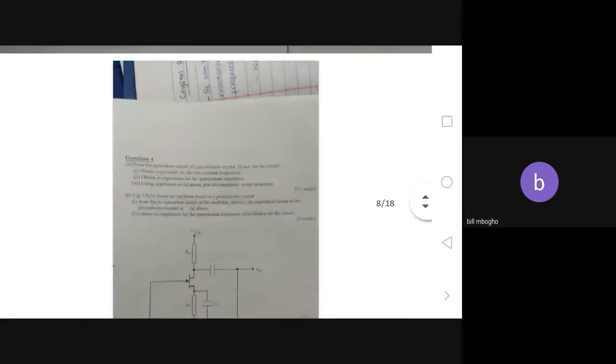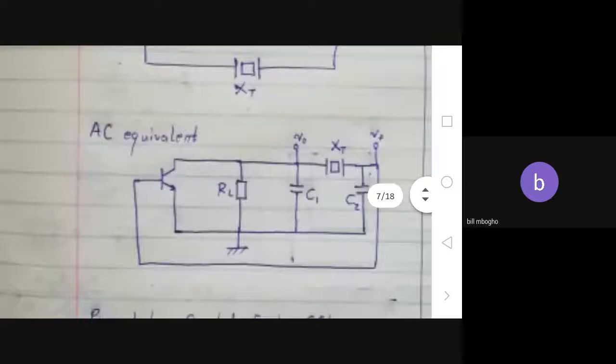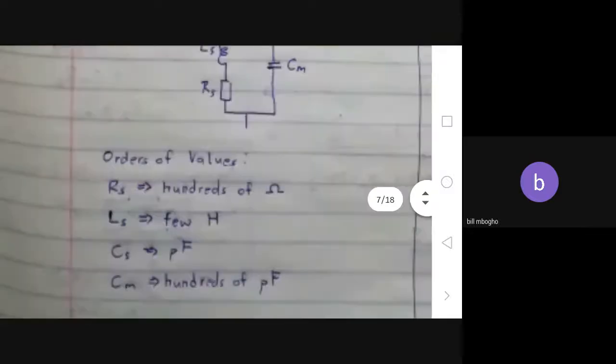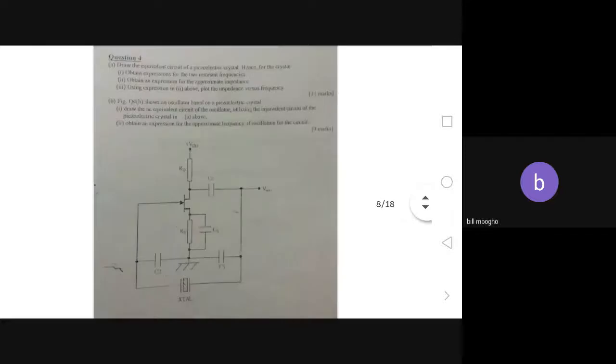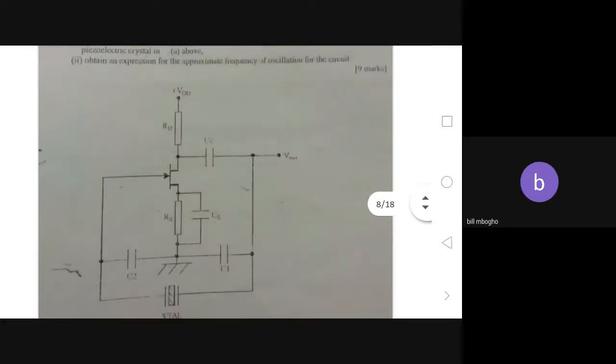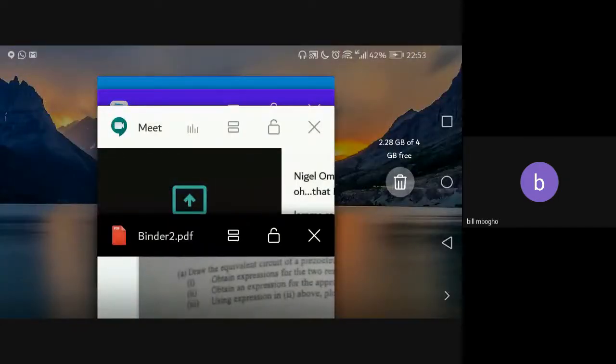Before, I had used a BJT, and here he had used a JFET. But the result is more or less the same thing. It's just that the drawing will be different. So any other question?